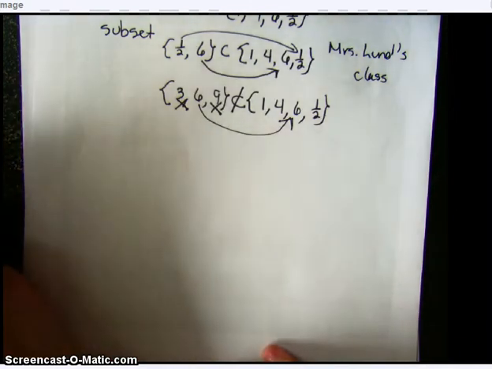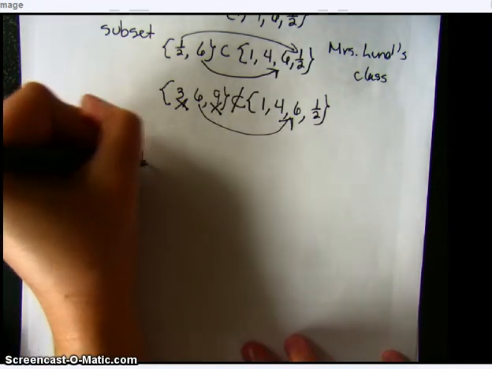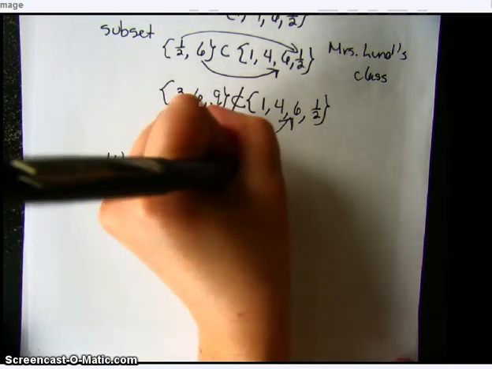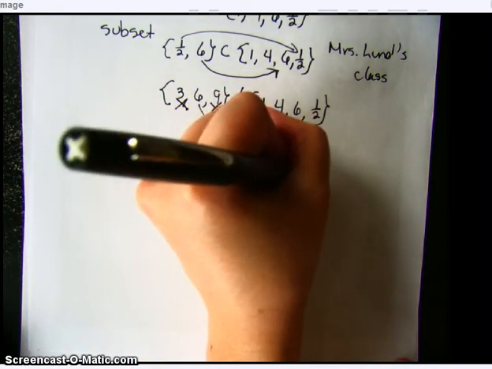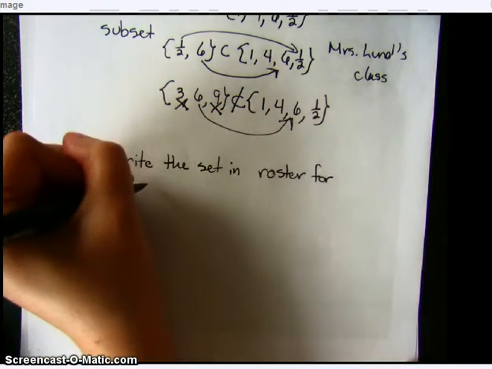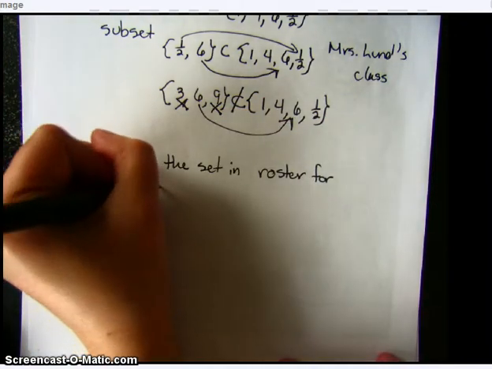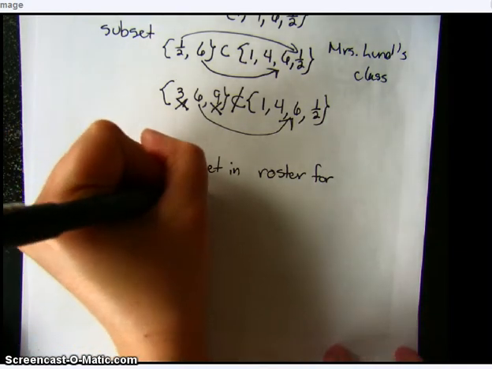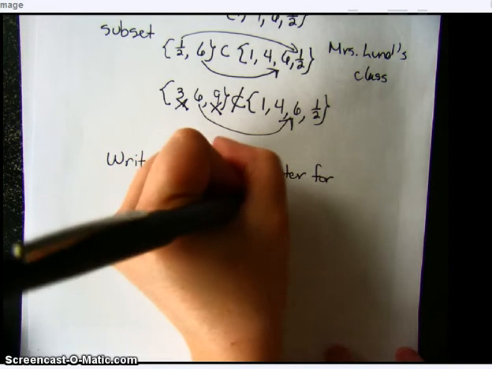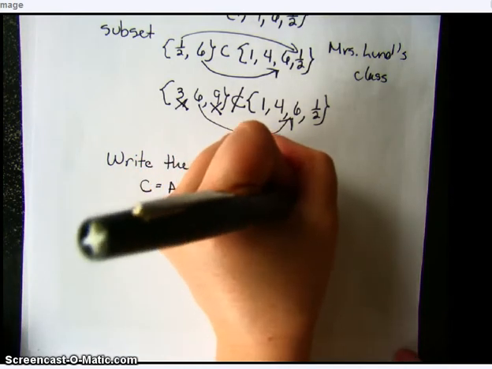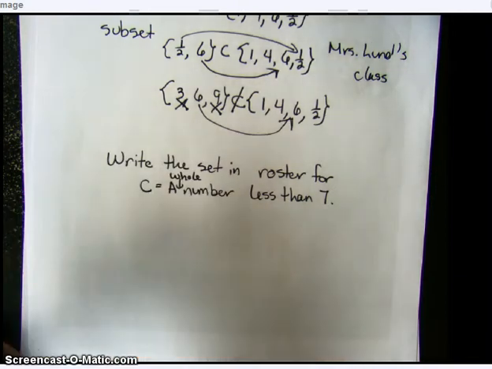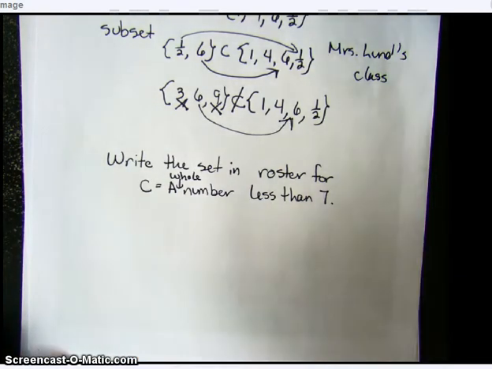So if I say, write the set in roster form, remember roster form is just the list, so I'm going to denote this set C, where C is, let's say, a number less than 7. Really, I should say a whole number less than 7, because there's a lot of numbers less than 7. So let's say a whole number less than 7.